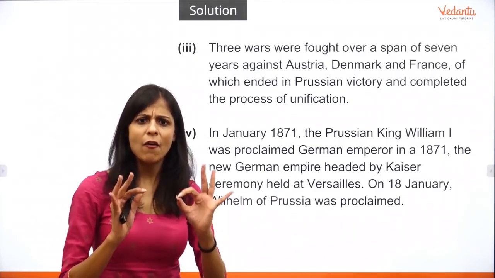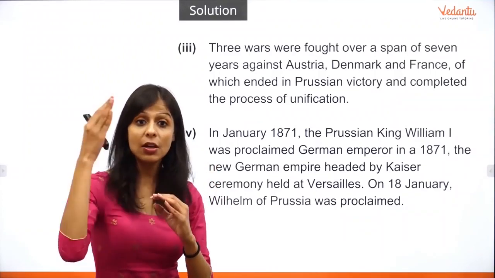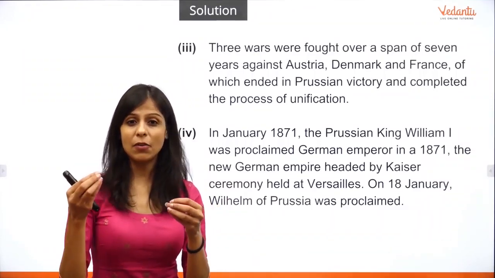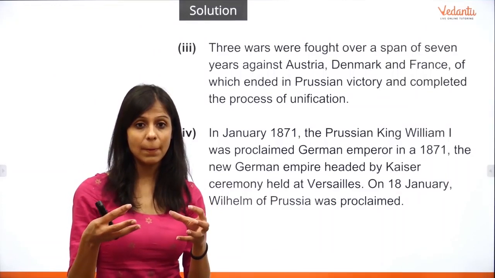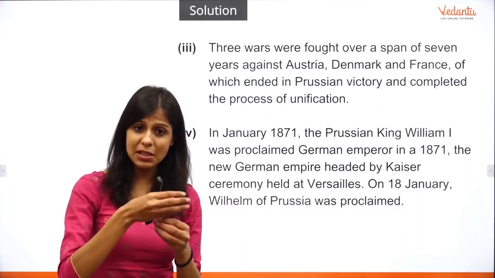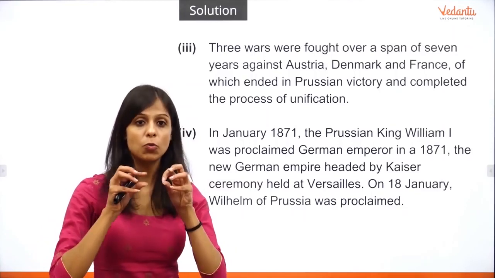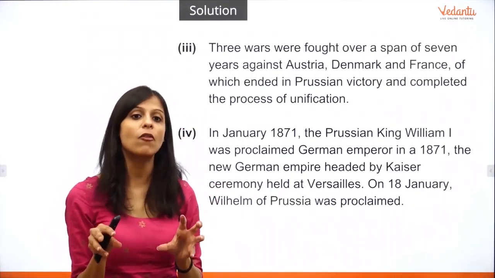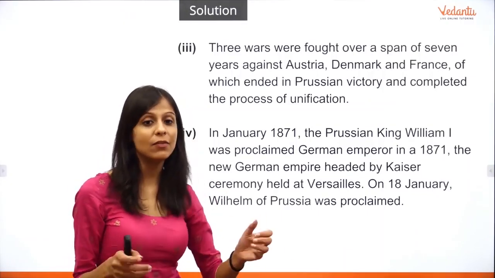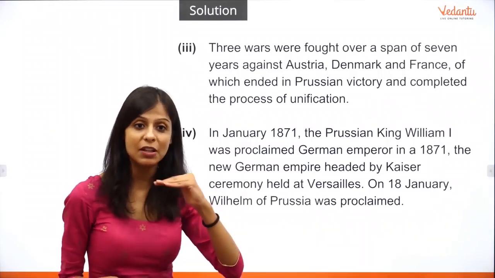When that happened, finally in January 1871, the Prussian king Wilhelm was proclaimed the German emperor, and this was done at Versailles. So all this struggle shows that with the efforts of the Prussian state and under the leadership of Otto von Bismarck, the chief architect, whatever came their way, they took it on themselves and marched forward.